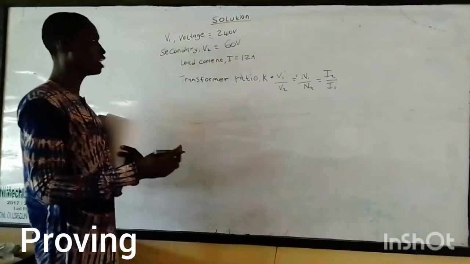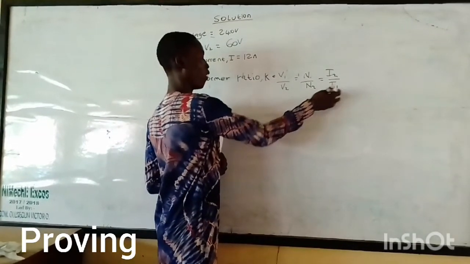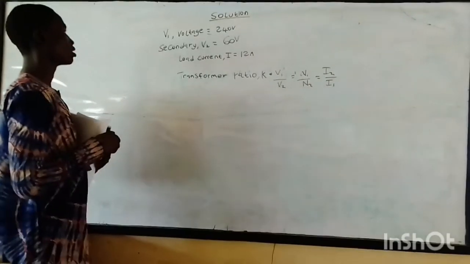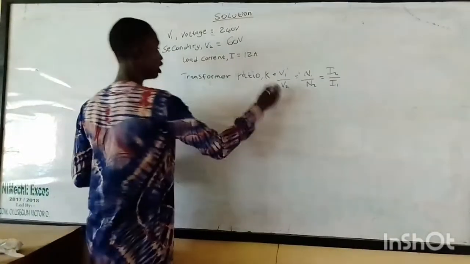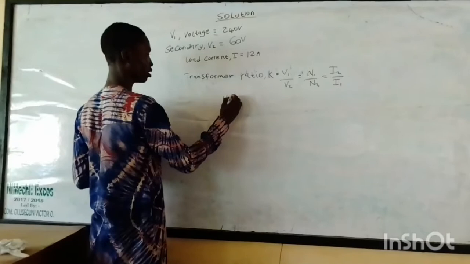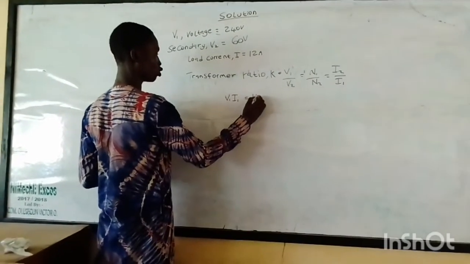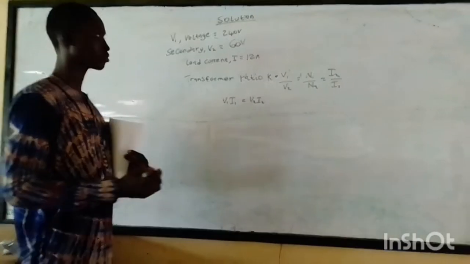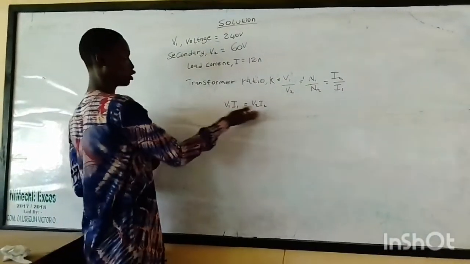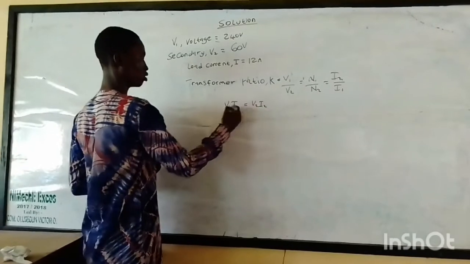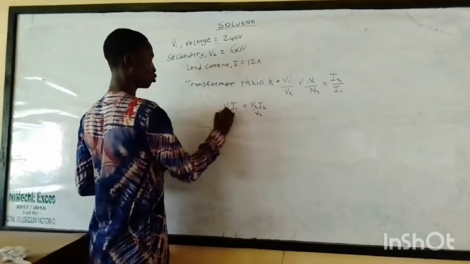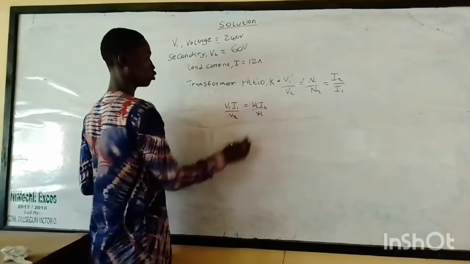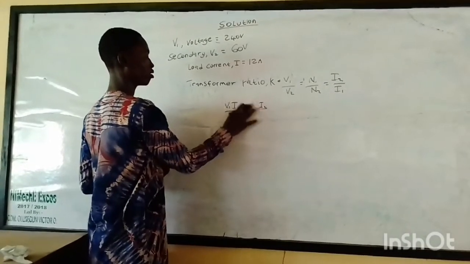Now, why did we have I2 over I1, while here we have V1, N1, V2, N2? There's a reason for it. If I have V1 I1 equals V2 I2, and I divide both sides by V2, the V2 here will cancel the V2 there, so we are no more with V2 on that side.